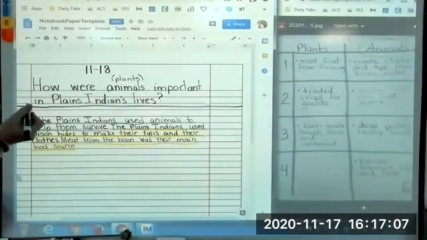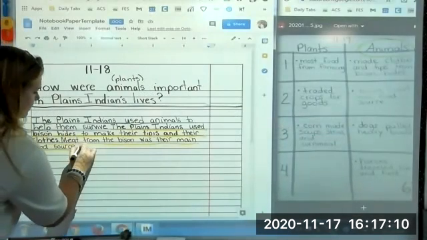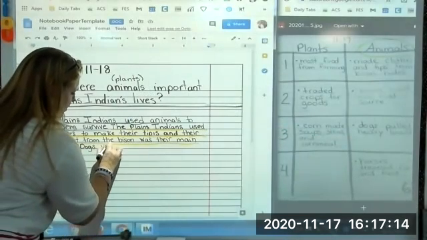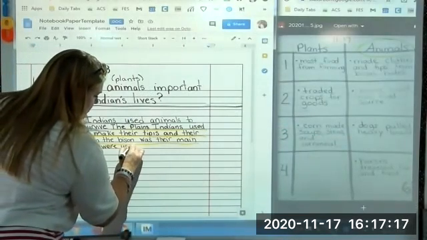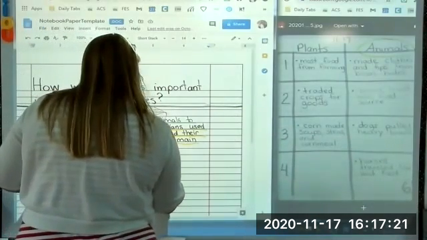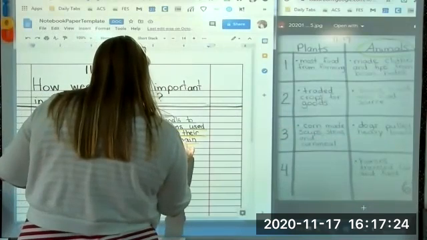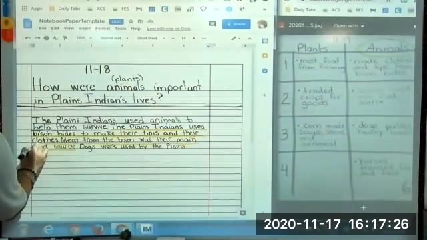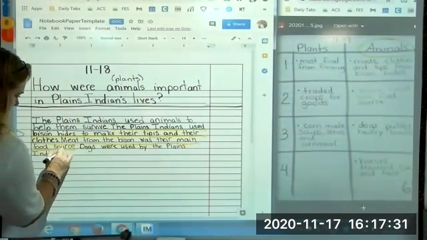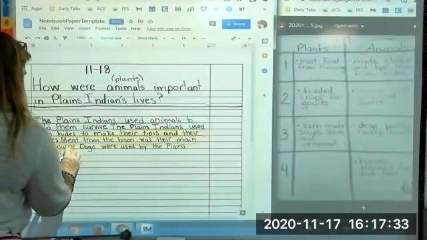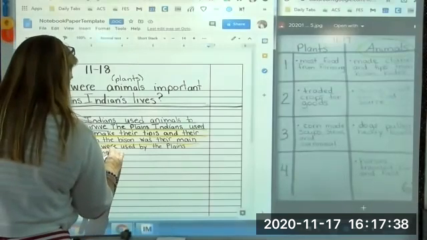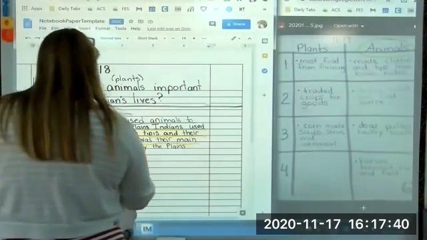Okay. So I'm going to say dogs were used by the Plains Indians to carry heavy loads.